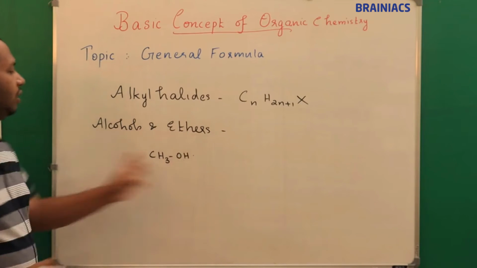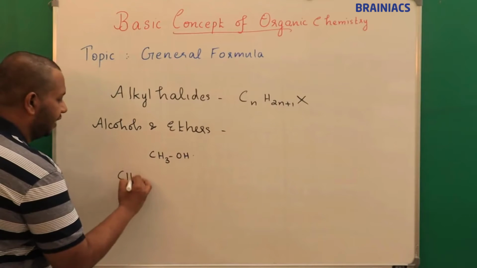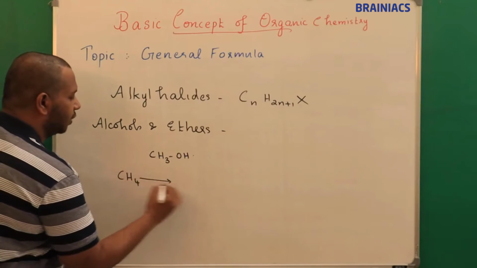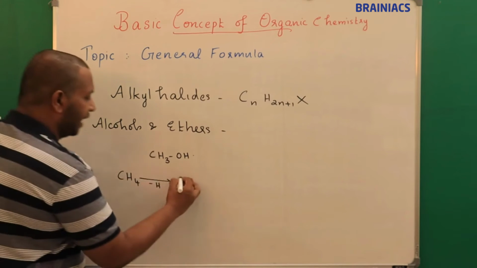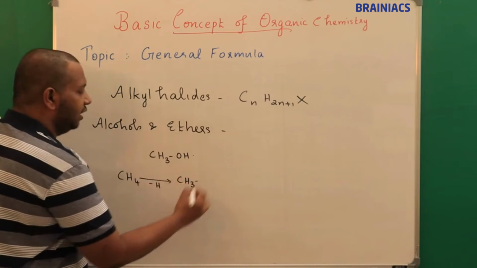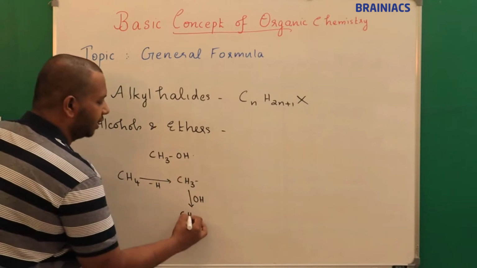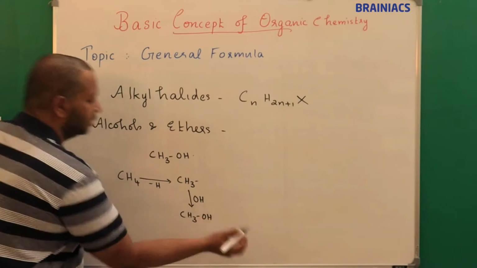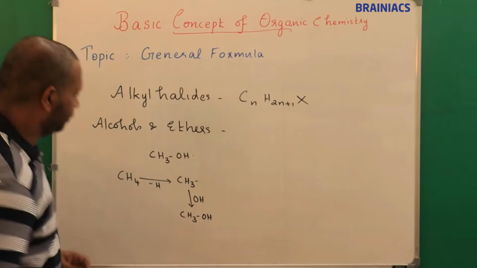Now let's see how we got this one. Very simple. Again we are taking the fundamental one as an alkane, CH4. From this, one hydrogen is removed. Then you will get an alkyl group, CH3. Into this, by a substitution reaction, the OH group will come and you get CH3OH. Correct? So in a similar way we will derive the general formula also.